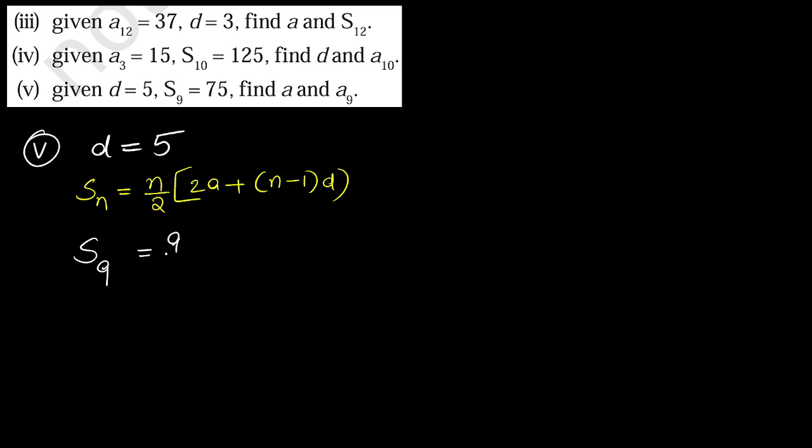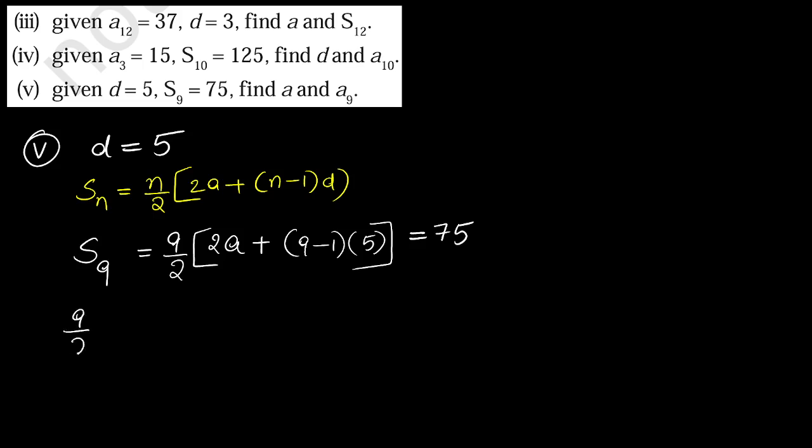So n is 9. 9 by 2 into 2a. a I don't know, a is not given. n is 9, so 9 minus 1, d, common difference is 5. I just substitute the value. So this is S9. It is given as 75 in the question.